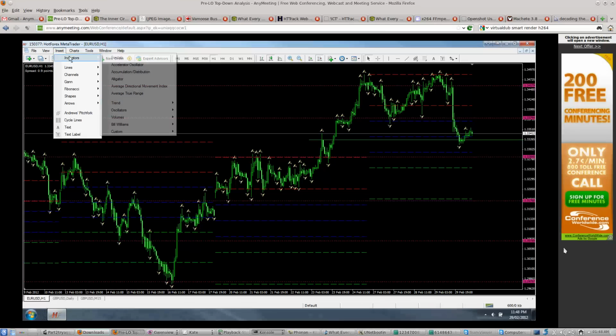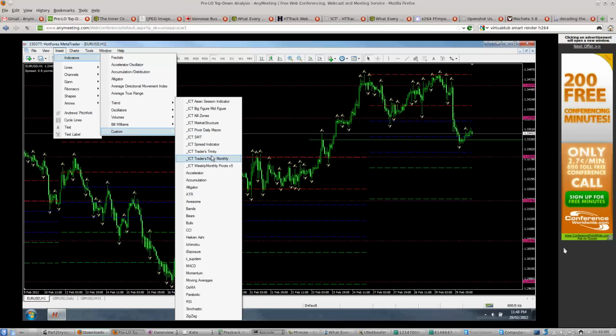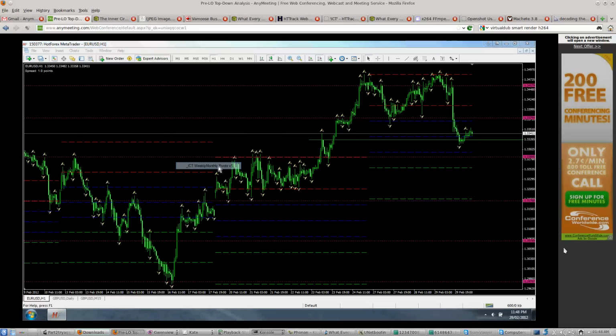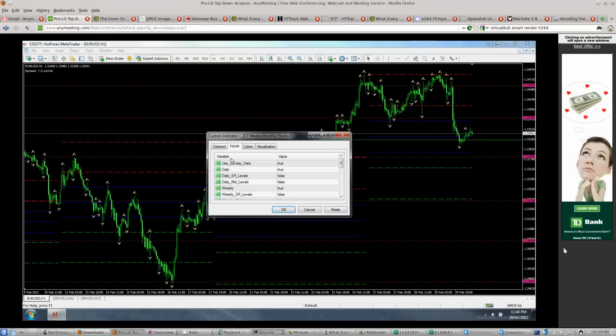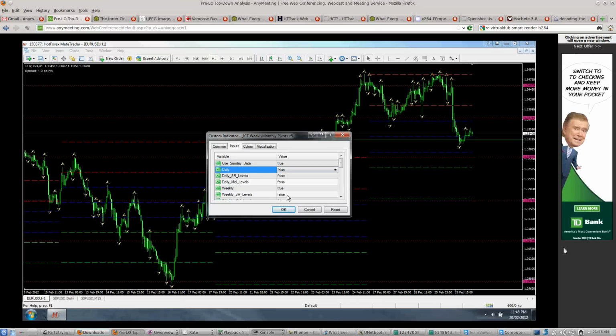What I also like to do at this point on the hourly chart is I use my monthly and weekly pivot points. And in the torrent that you guys are downloading right now, I've actually attached all the indicators, all the tools that I personally use, as well as the ones that ICT uploaded himself on the thread.